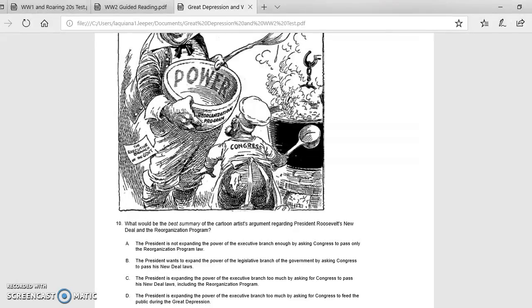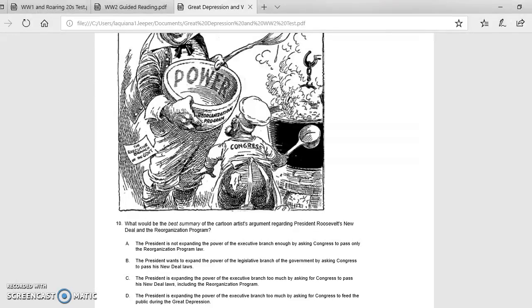B, the president wants to expand the power of the legislative branch of the government by asking Congress to pass his New Deal laws. C, the president is expanding the power of the executive branch too much by asking the Congress to pass his New Deal laws, including reorganization programs. Or D, the president is expanding the power of the executive branch too much by asking for Congress to feed the public during the Great Depression.